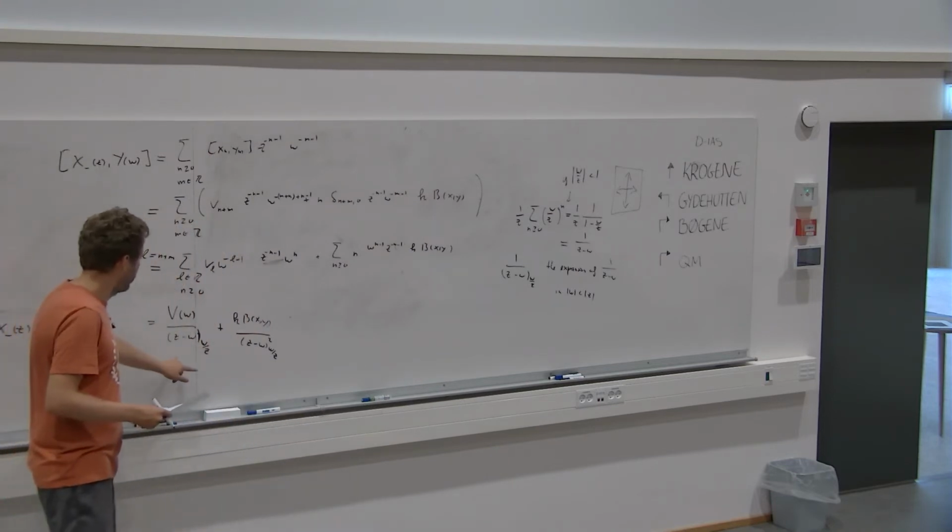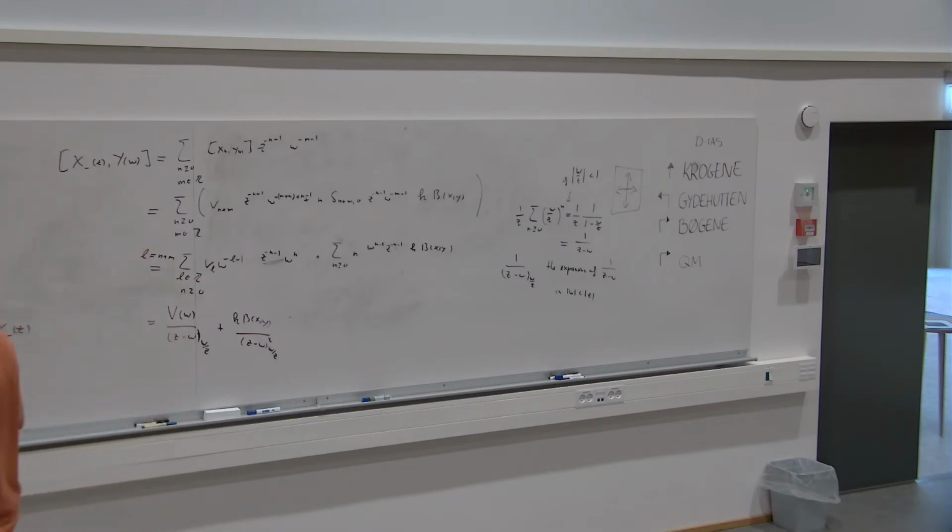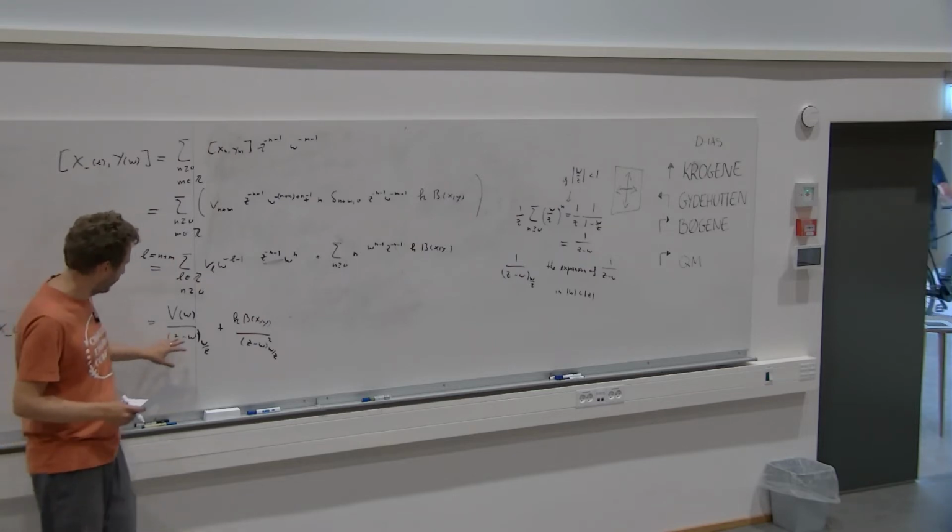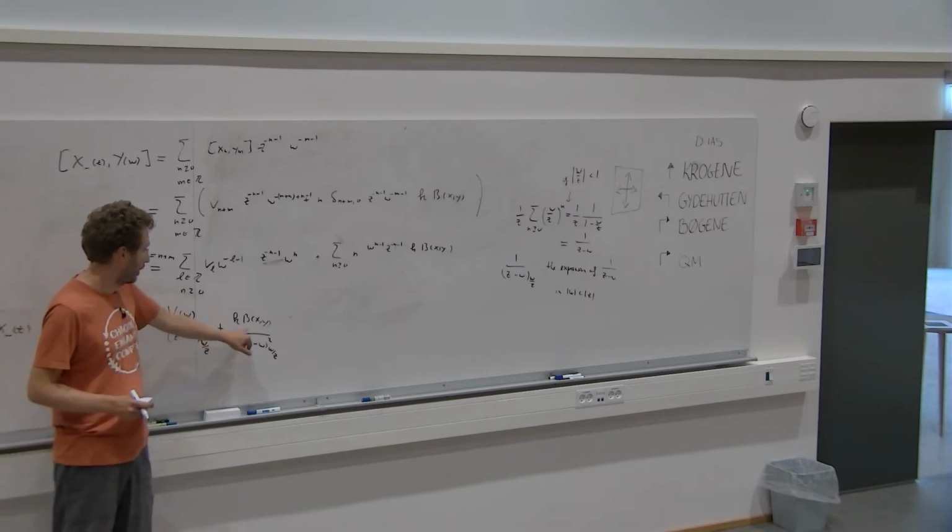All right, and now you see what does this mean? We have here the product. So the product of the two fields is the normal ordered product plus what we exactly computed. Well, what we exactly computed is something expressed just in terms of a single field, or actually just a scalar.